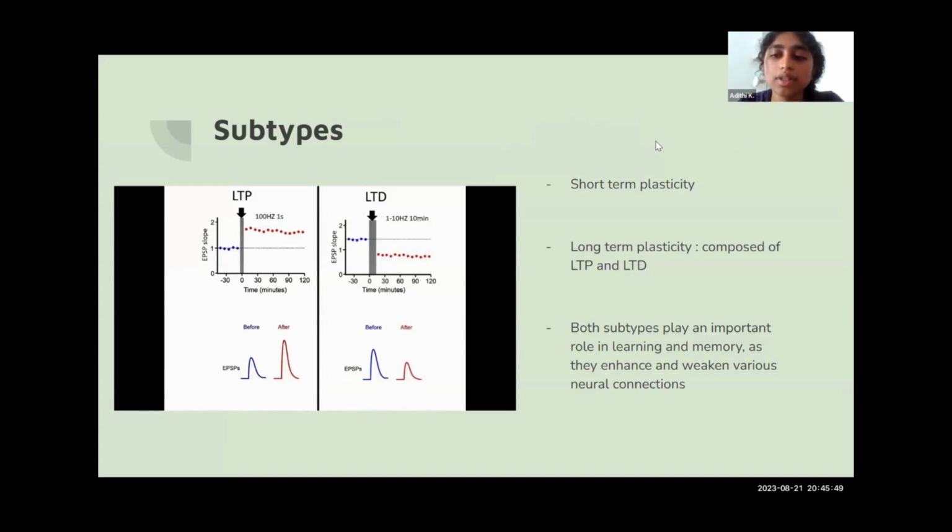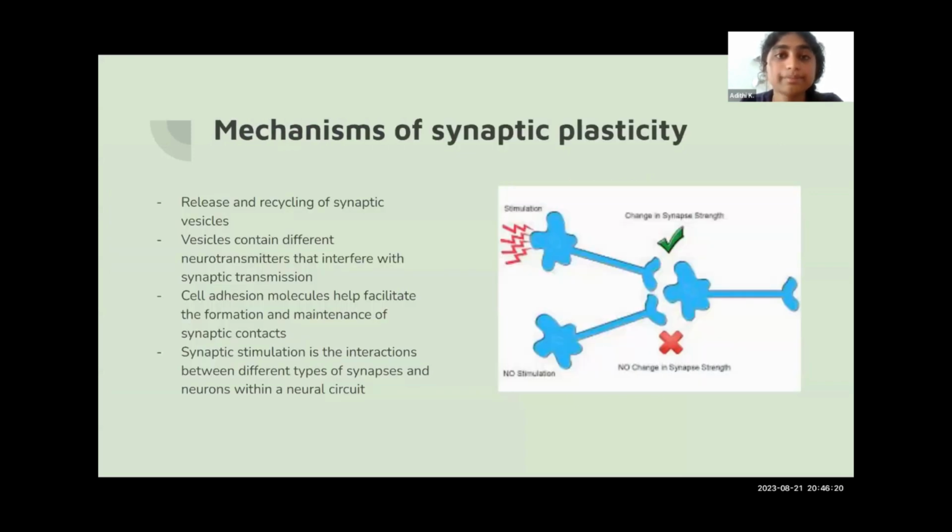Long-term plasticity is divided into two subtypes, long-term potentiation, or LTP, and long-term depression, or LTD. LTP is an increase in synaptic strength that usually occurs when there is repeated activation in a specific pattern or frequency. And LTD is a decrease in synaptic strength that occurs when synapses are weakly or irregularly activated. Both these subtypes play an important role in learning and memory, as they enhance and weaken various neural connections.